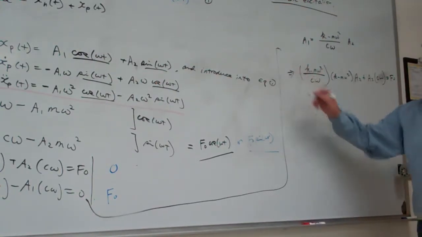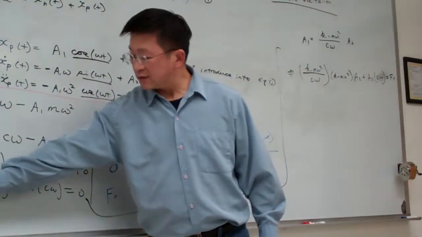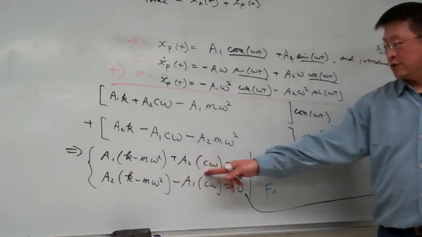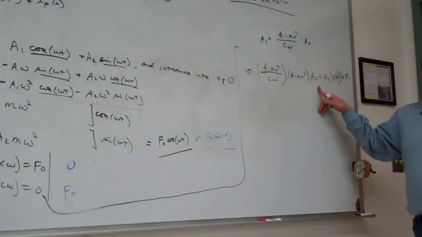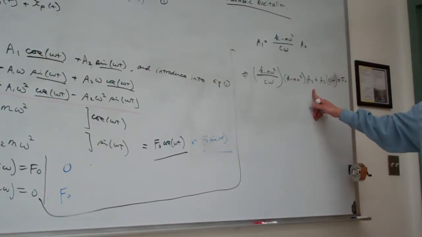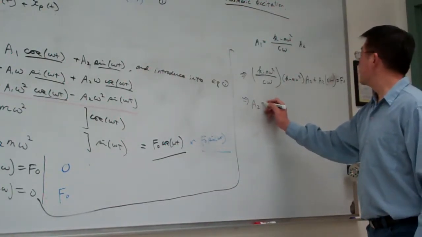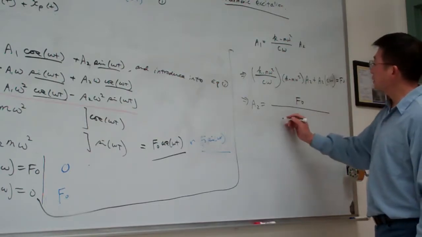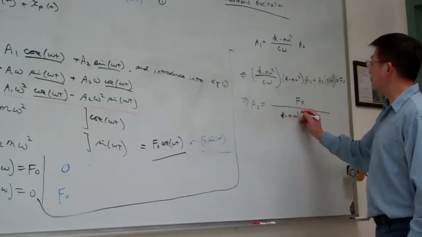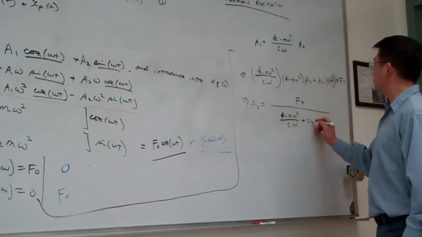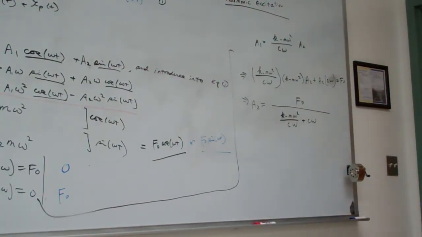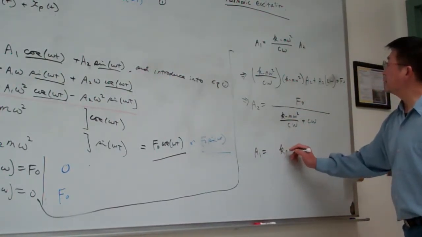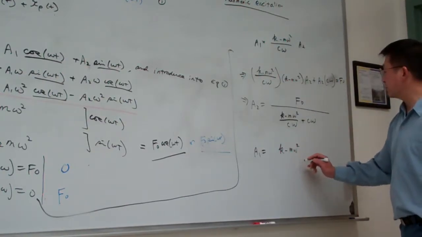So again, right now I'm using the second equation to find the relation between A1 and A2, and then I plug into the first equation, and I come to this form. You good? Okay, then we can solve for A2. A2 equal to, okay, so therefore A1 equal to (k minus m omega squared) times A2.